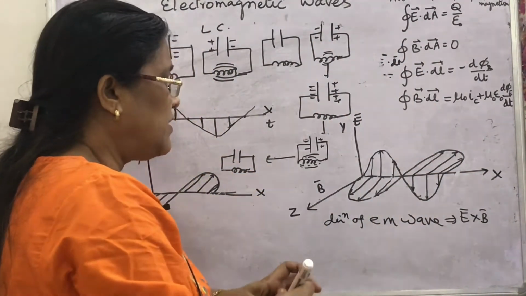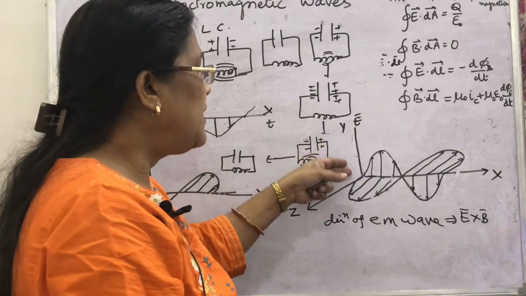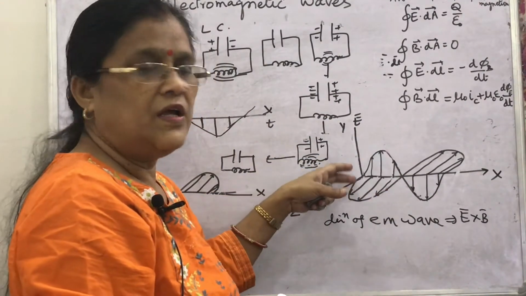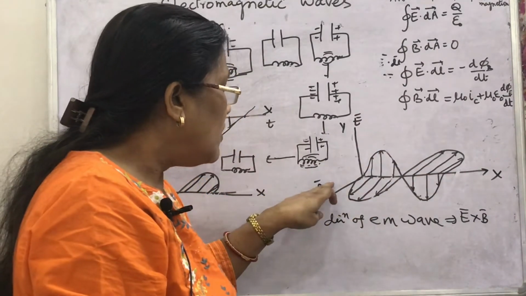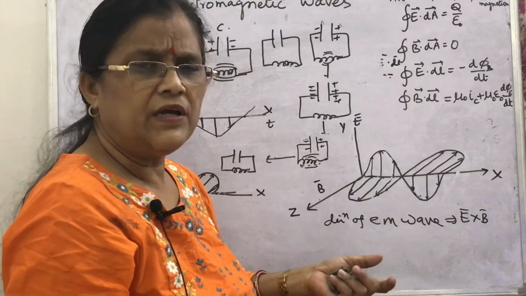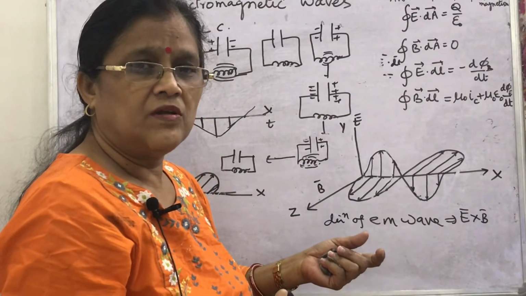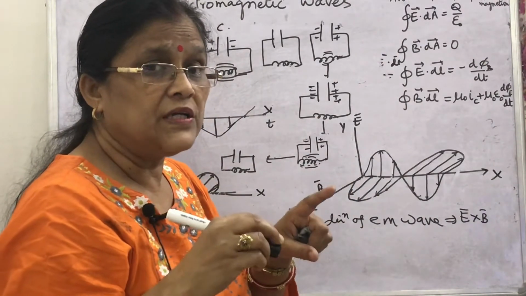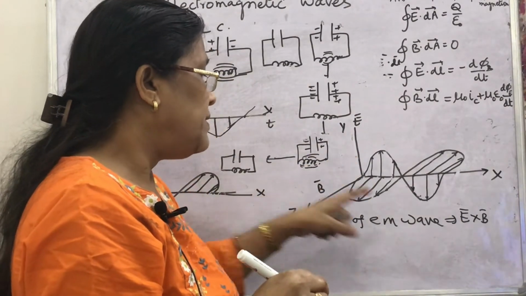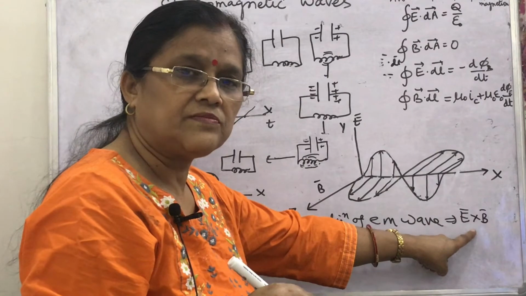As I told earlier also, the electric field may be along the y axis, may be along the z axis; E, B and the direction of propagation may lie along any axis. But what will be the direction of propagation? Whatever the direction of E and whatever the direction of B, take their cross product.